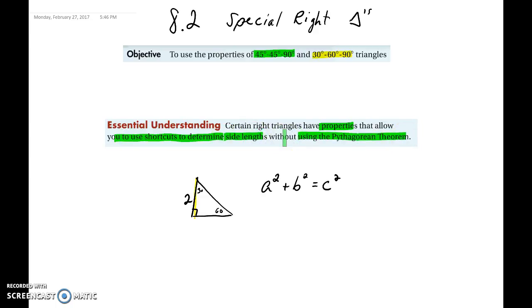All right, so it allows for us to use shortcuts so that we could actually solve for this triangle here, even though we only have one side given. But it only works for these two, the 45, 45, 90 triangle and the 30, 60, 90 triangle. Right? The one in this video that we're going to discuss is a 45, 45, 90. All right, so now let's talk about this one.